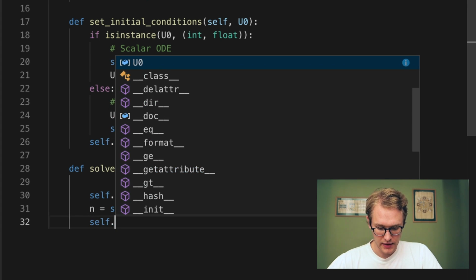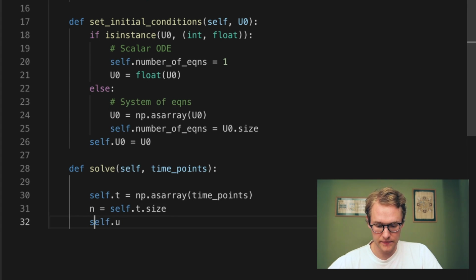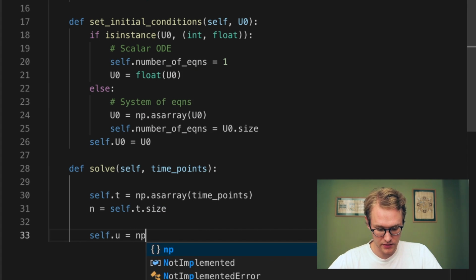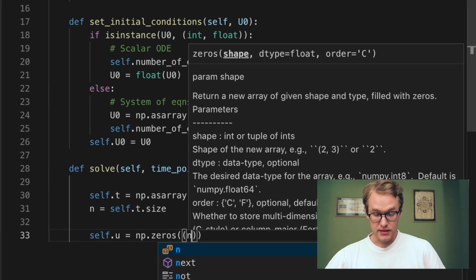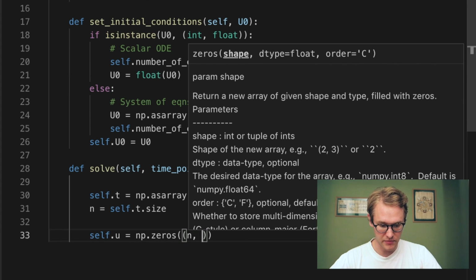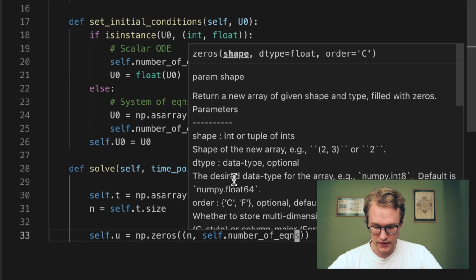Yeah. And we will make an empty array for the solutions, or the solution at every time point, the u's, which will be np.zeros. They'll be the size of our t array long, and the width, or however you think about it, will be the number of equations, which we figured out up above here.